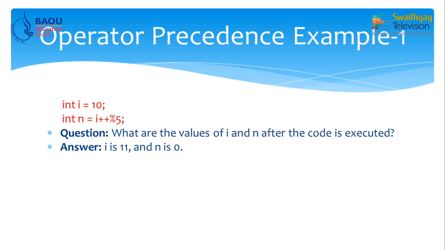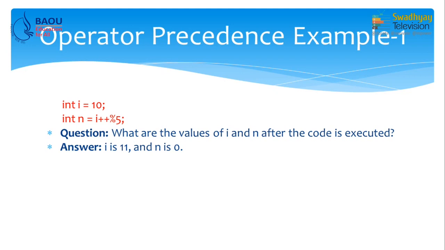Why? In the case of the postfix increment operator, the value of i will be incremented by 1, but not used immediately. So, i is only 10, and 10 divided by 5 gives remainder 0.